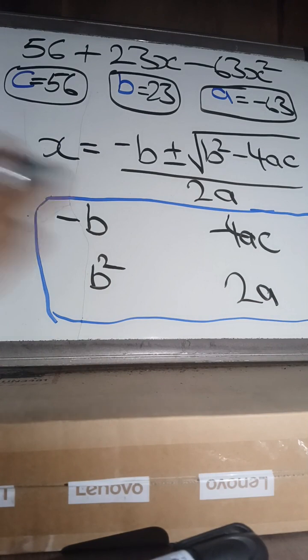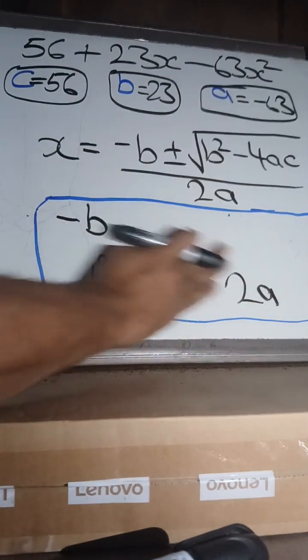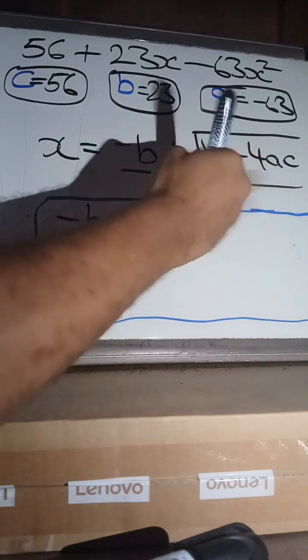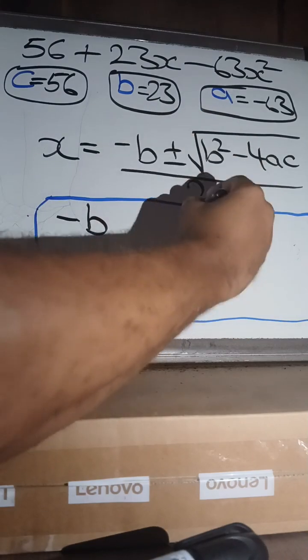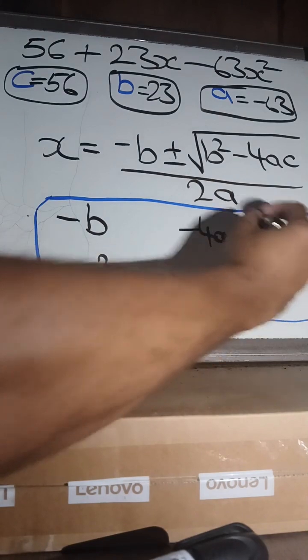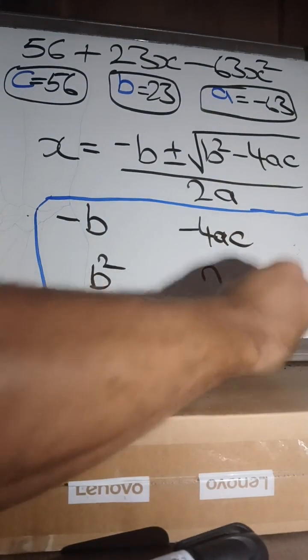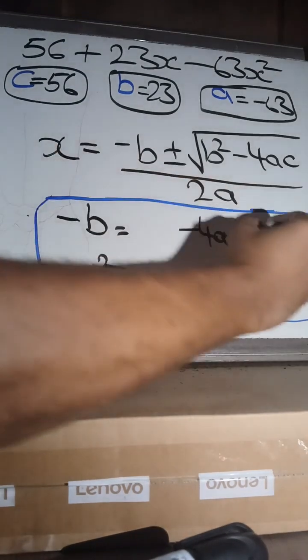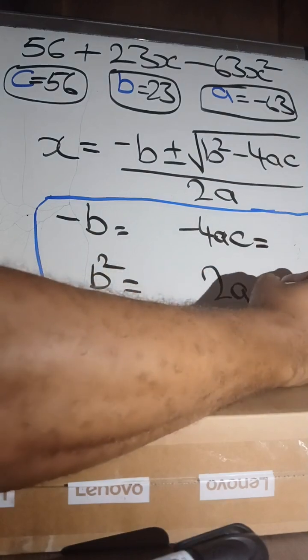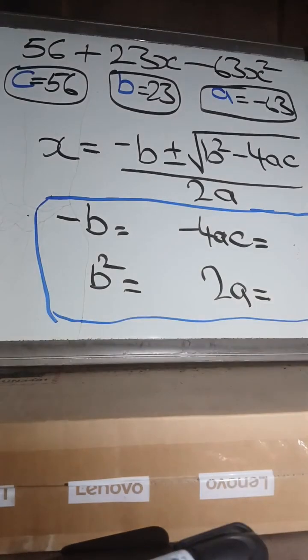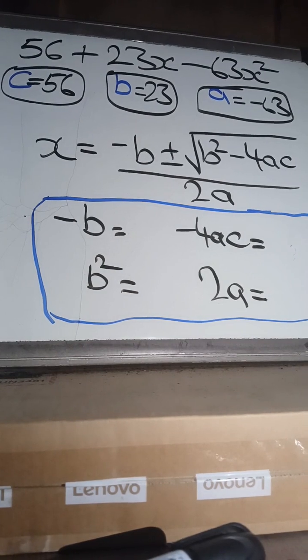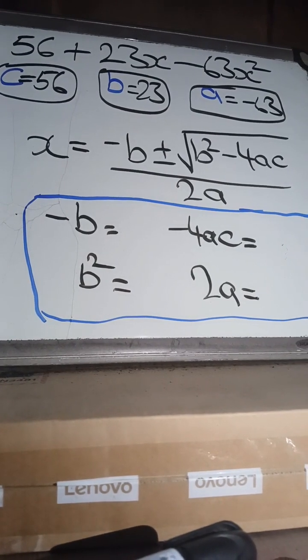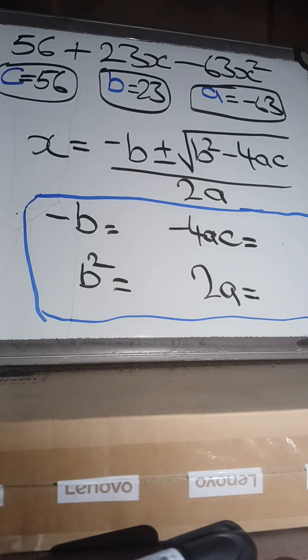Alright, hold on. No, let me bring them closer. So let me bring this a little bit closer. So minus 4AC and the 2A here. Yeah. Alright, just one more adjustment here so that I can see that a little bit better on that side.